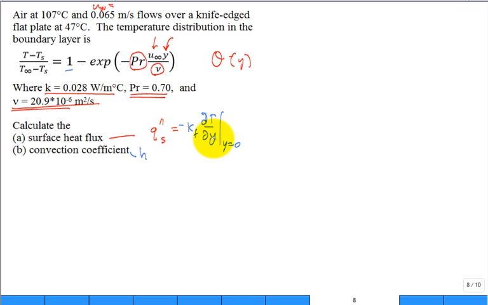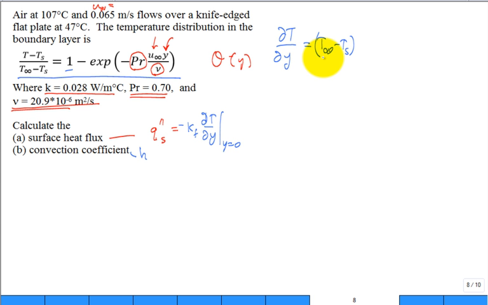And you could say, hey, we can turn this into minus k sub f times theta, but you can just do this. If this is your temperature difference, can you differentiate that equation to get just the derivative of temperature with respect to y? Wouldn't that start by bringing over T infinity minus Ts? And then you would have the derivative of 1 minus exponential.